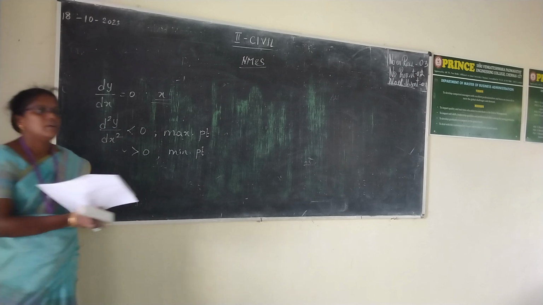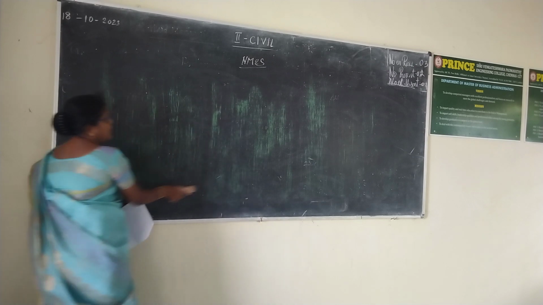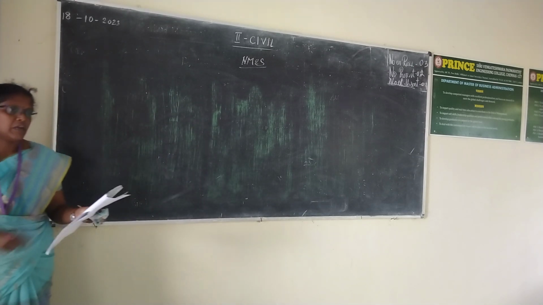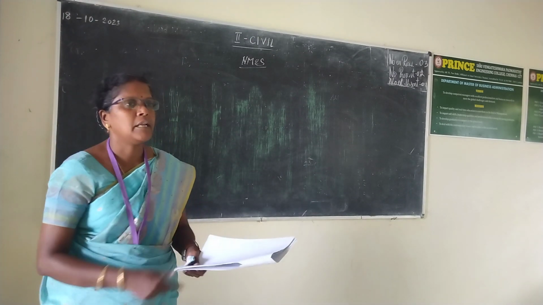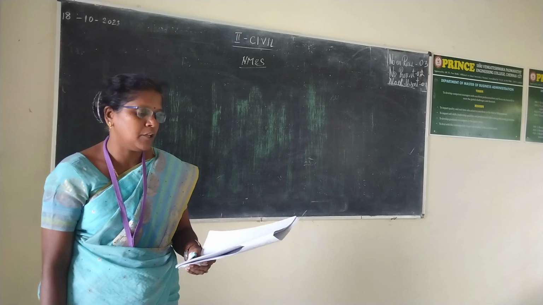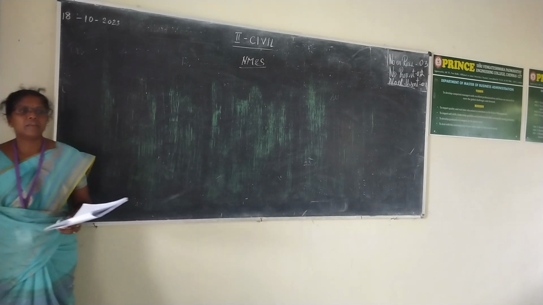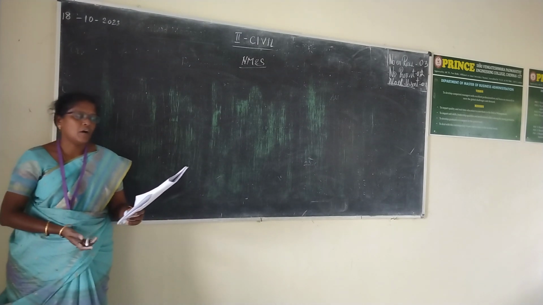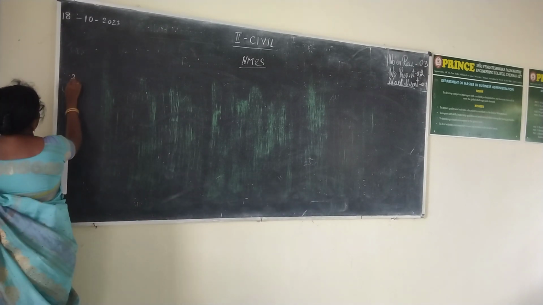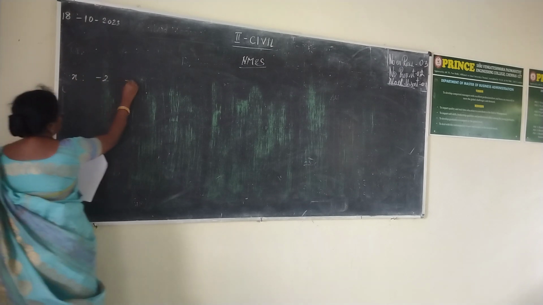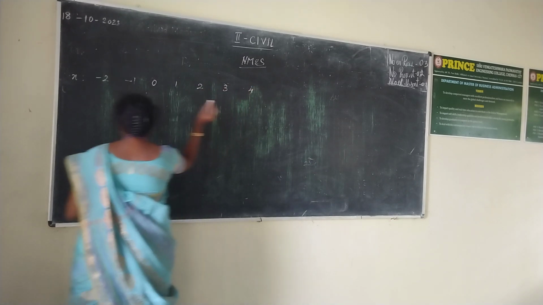Find the maximum and minimum value of y for the given data. x values: -2, -1, 0, 1, 2, 3, 4.